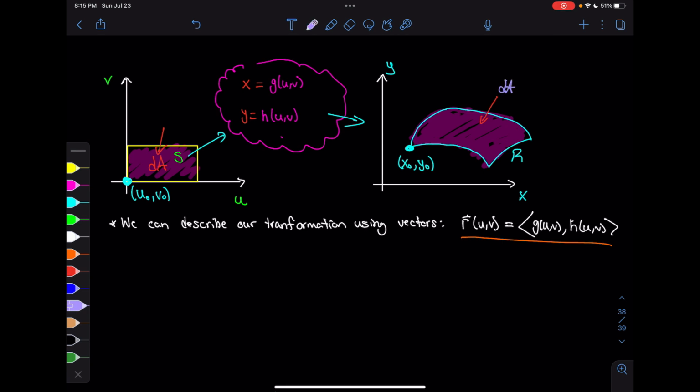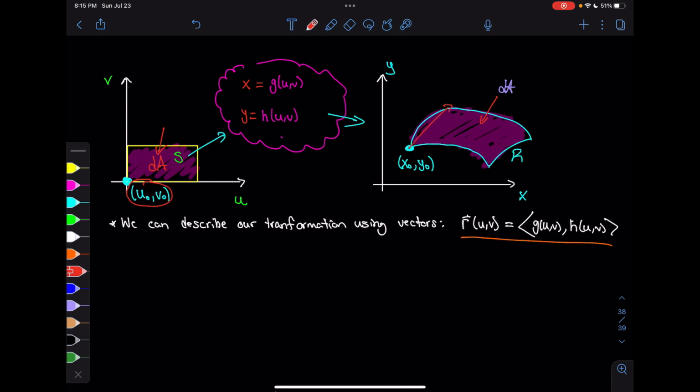The question is, what is the difference between these dAs? What are their areas? And hopefully we remember from Calculus 3 that if this transformation takes the point u0, v0 and maps it to x0, y0, then, if the goal is to estimate the area of this shape, what is that dA? I can create two tangent vectors, okay?